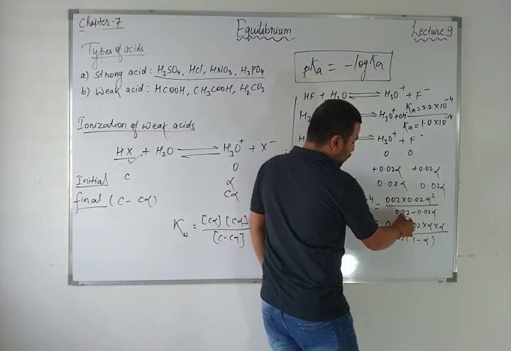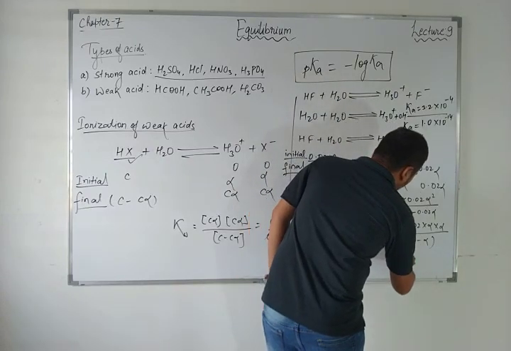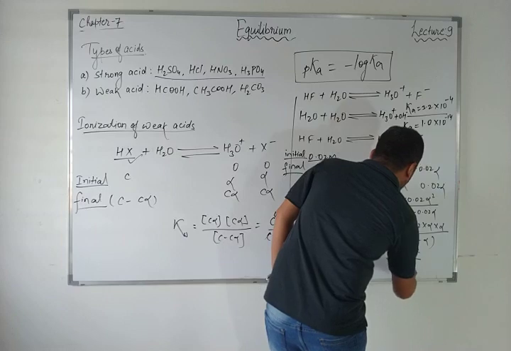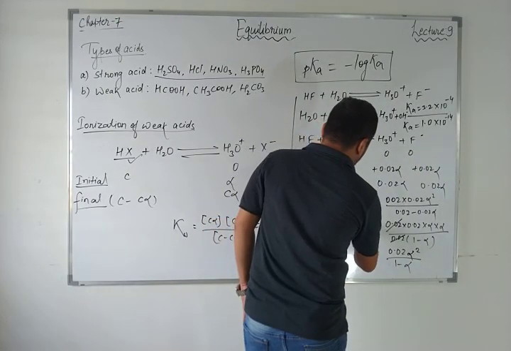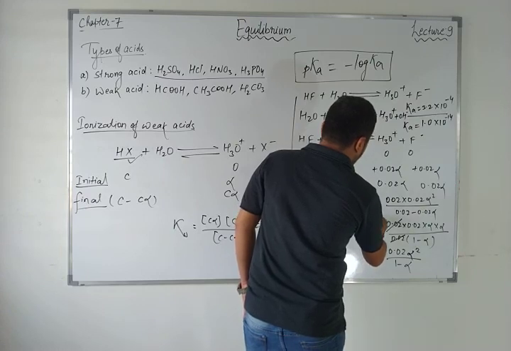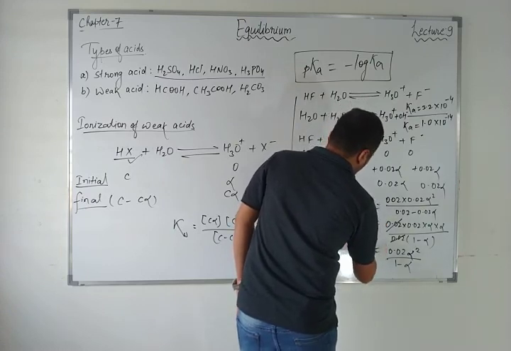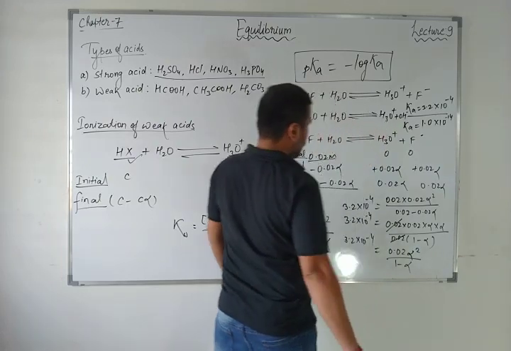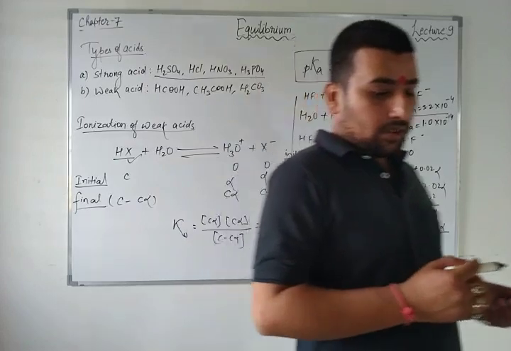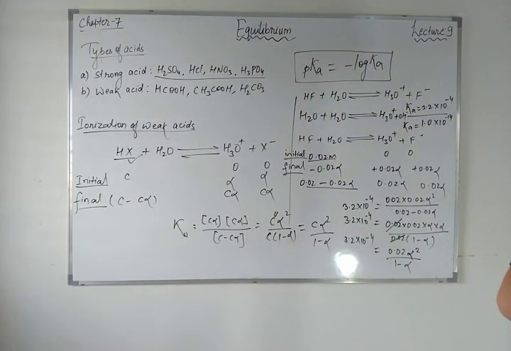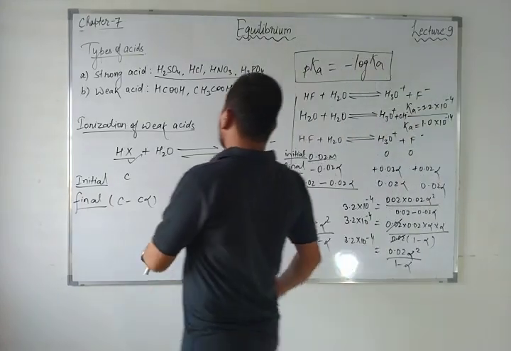So the 0.02 cancels, and 0.02 alpha square upon 1 minus alpha is equal to 3.2 into 10 to the power minus 4. Now what do we do? We do cross multiplication. As we do cross multiplication, you will get an equation, and then you will get the value of alpha. So let us first do the cross multiplication.